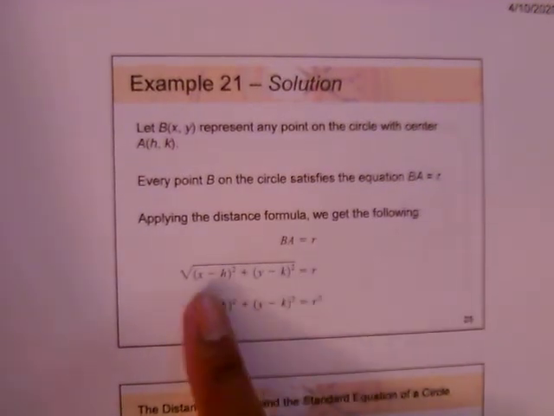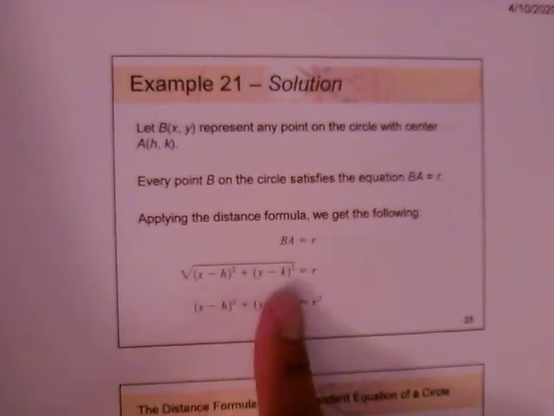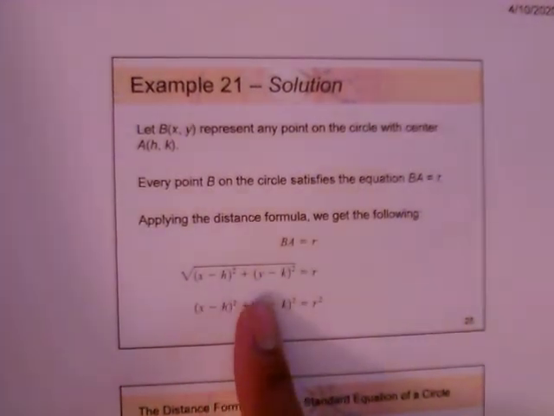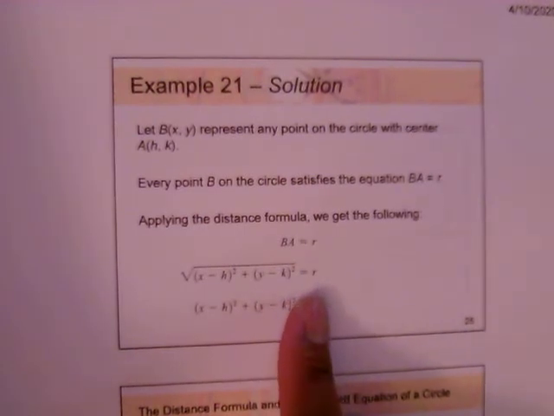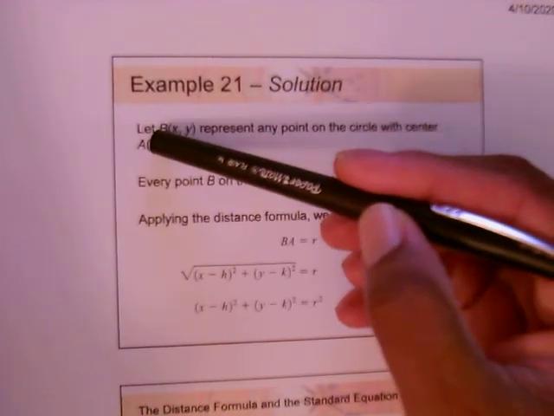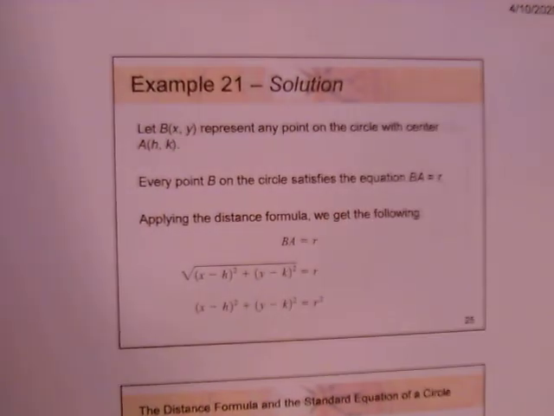In this case here, the distance from B to A would be the square root of X minus H quantity squared plus Y minus K quantity squared. Okay, X minus H and then Y minus K, each difference would be squared. And then if you square both sides to eliminate the square root, this is what you'll get: X minus H quantity squared plus Y minus K quantity squared equals R squared.